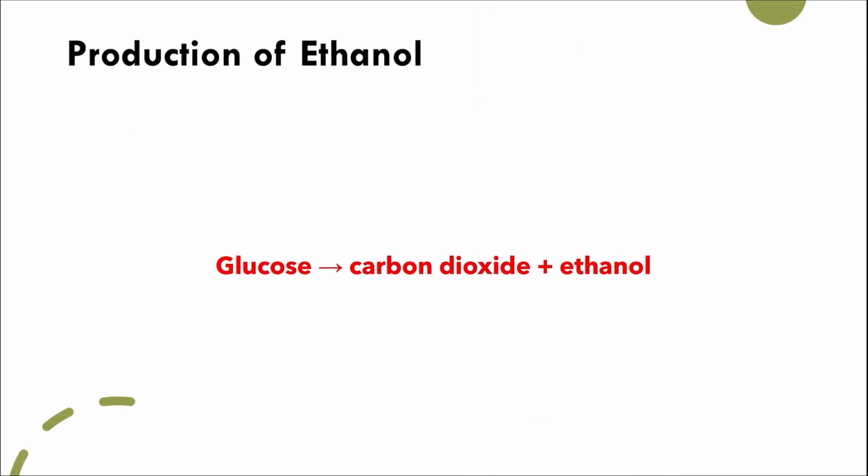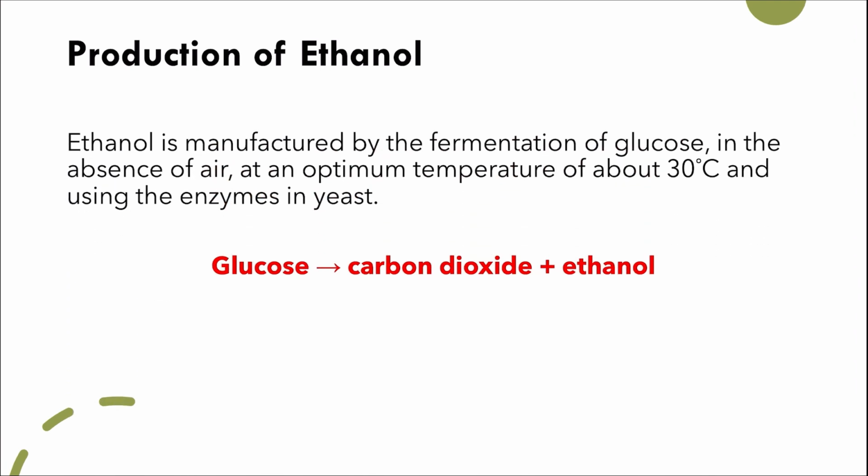Production of ethanol. Ethanol is manufactured by the fermentation of glucose using yeast and the enzyme within the yeast. The glucose can be fermented to give you carbon dioxide and ethanol. The optimum temperature for this reaction is about 30 degrees.